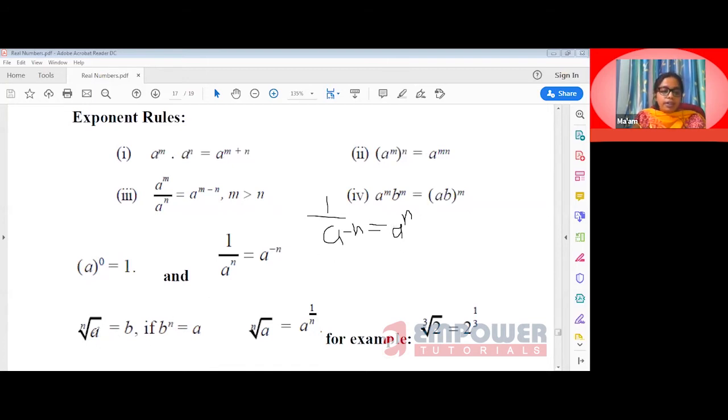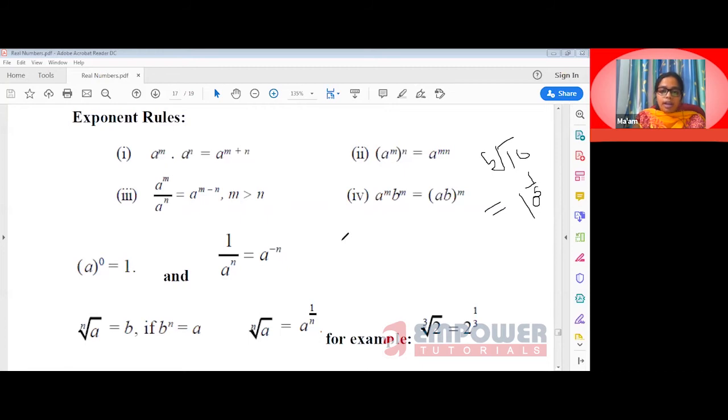And the nth root of b is equal to b raised to 1 upon n. So if I have the square root of 4, I can represent it as 4 raised to 1 upon 2. Or let's say if I have the fifth root of 10, I can write it down as 10 raised to 1 upon 5.